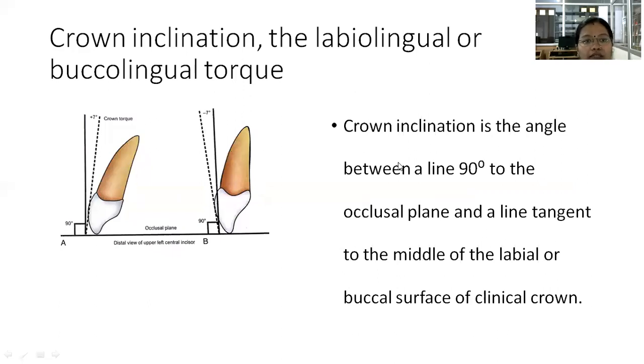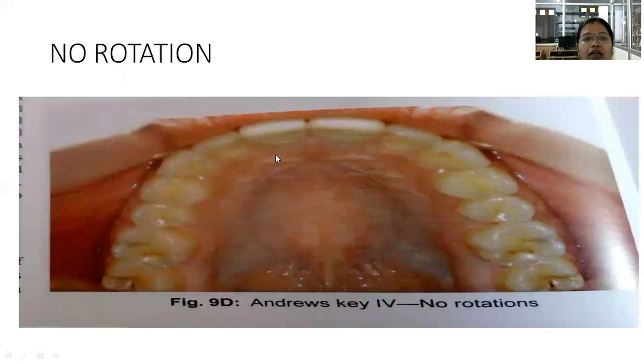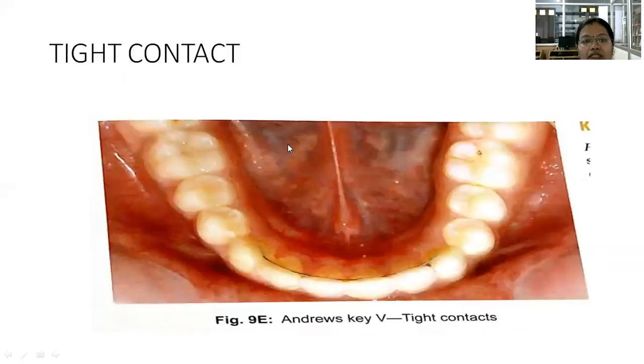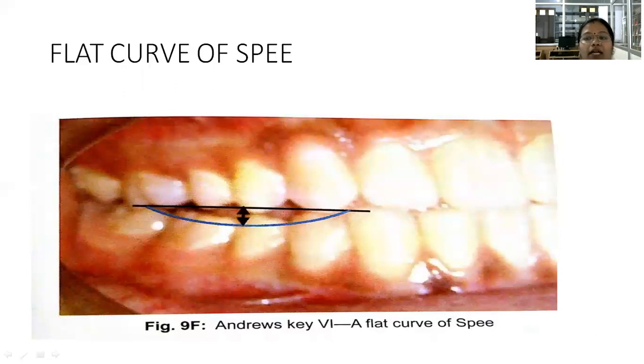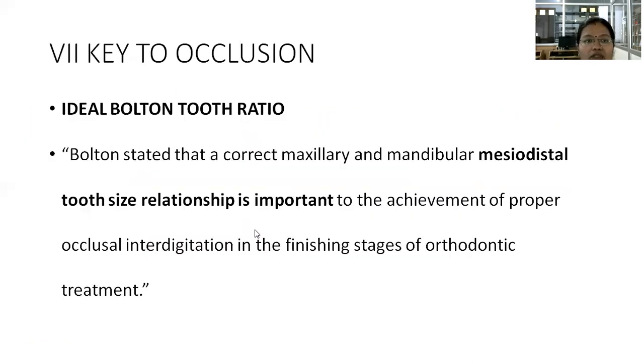Key 4 is the absence of rotation. There should not be any rotations, and there should be proper interproximal contact between all the teeth. And the curve of Spee should be flat or slightly concave. This is to achieve proper functional occlusion.